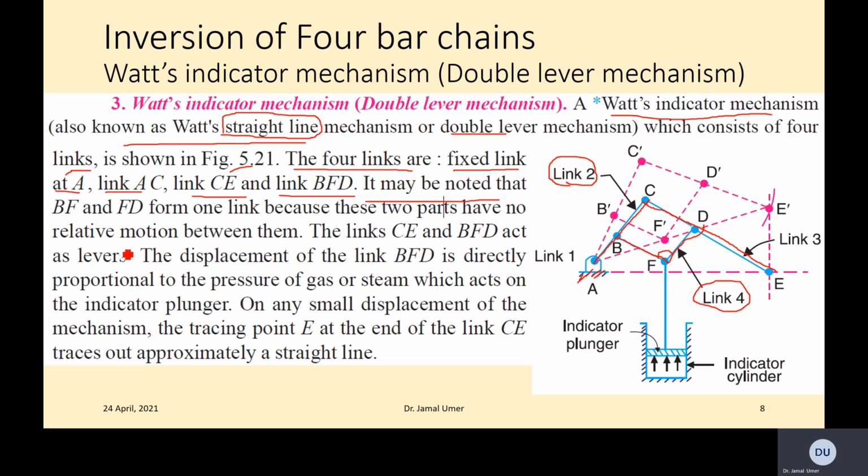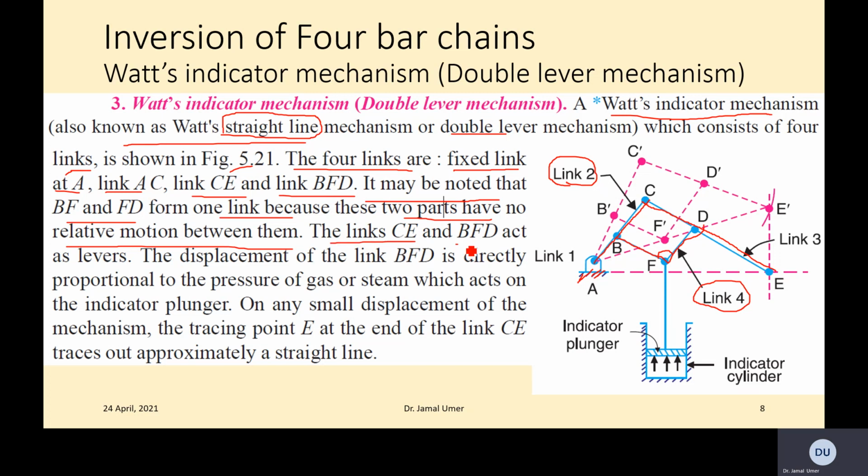So it may be noted that the BF and FD form one link because these two parts have no relative motion between them. So in last lecture we have discussed the links are called independent links when they have the relative motion between each other. So of course when they are not making any relative motion, so BF and FD are not making any relative motion, so that's why they will be termed as one link basically.